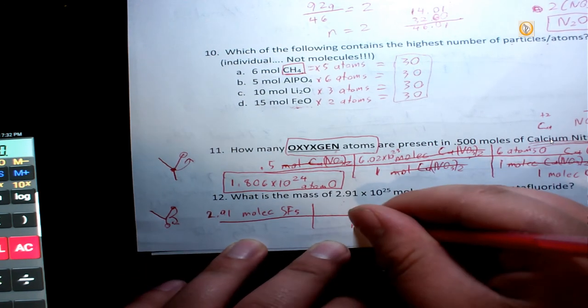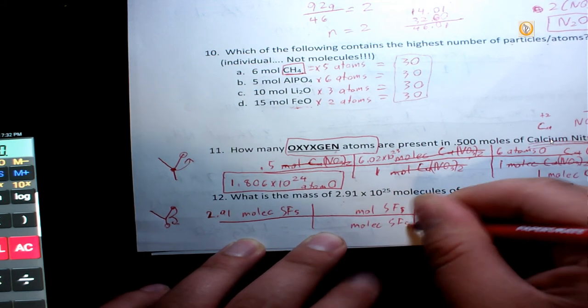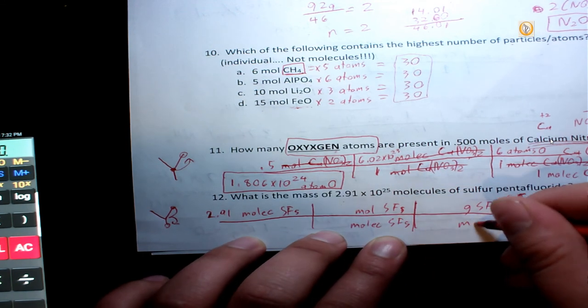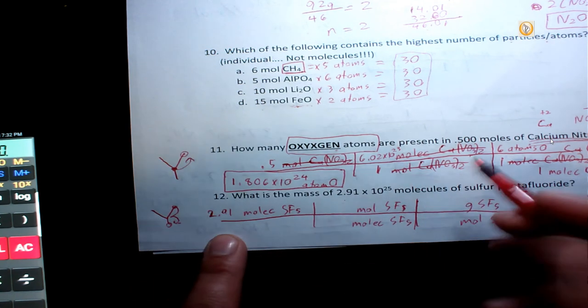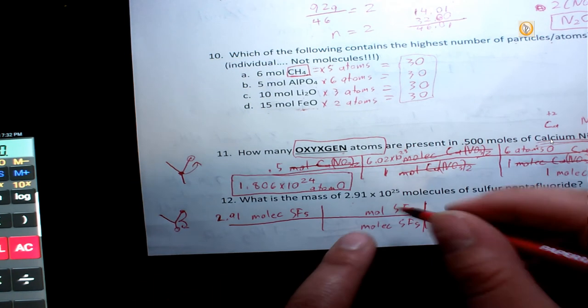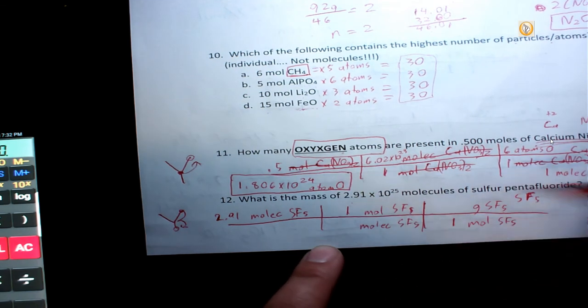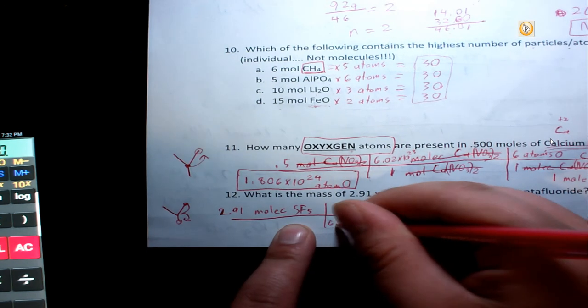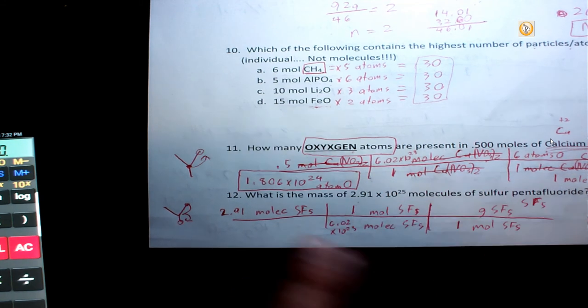Bring down your units. Fill in your numbers as needed. Moles always gets 1. Molecules gets 6.02 times 10 to the 23rd.